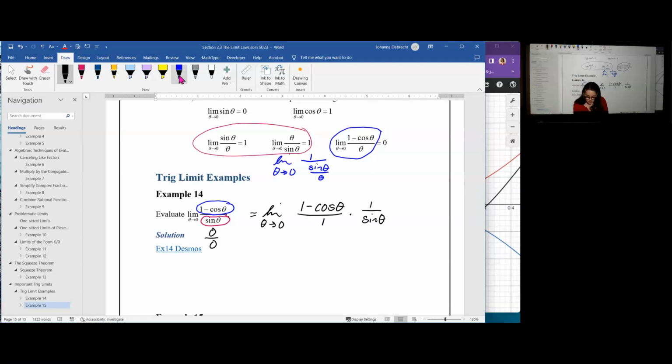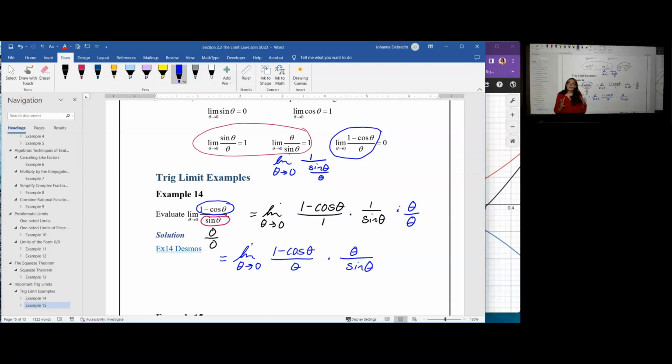So let's multiply this by the number 1 in the form of theta divided by theta. I'm going to take the denominator theta, and I'll write it under the 1 minus cosine of theta. And then I'm going to take the second theta in the numerator and write it in the numerator over sine theta.